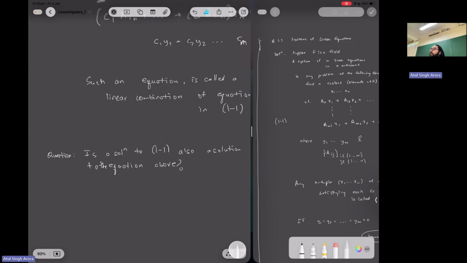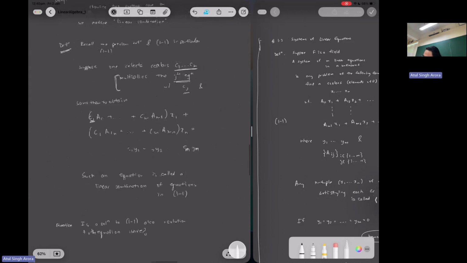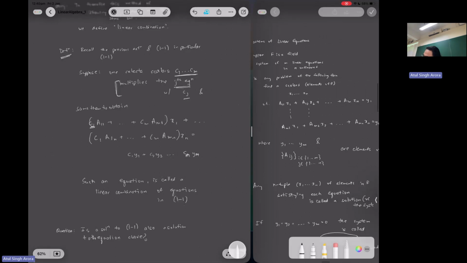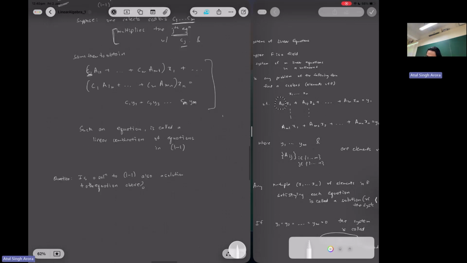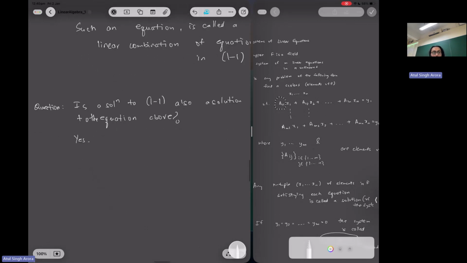Sorry, maybe you can't see the screen. Basically what I'm asking is, suppose you have some x1 to xn that satisfy all these equations. Do you think that would also satisfy this equation? Perfect. So the answer is yes.